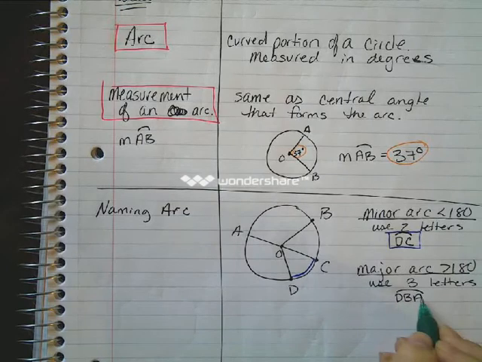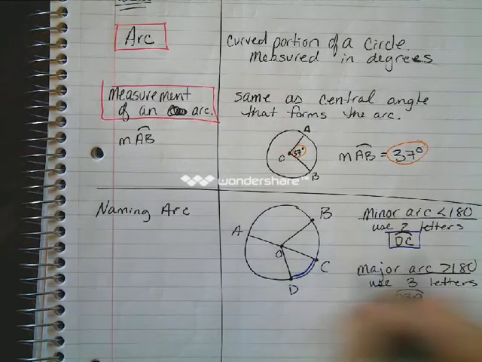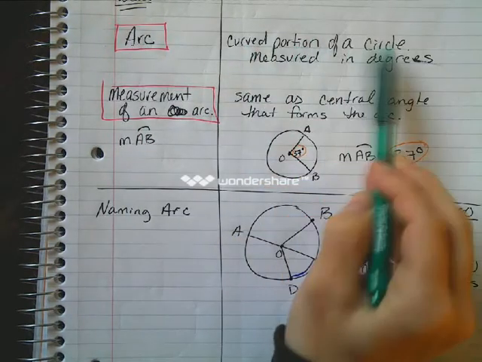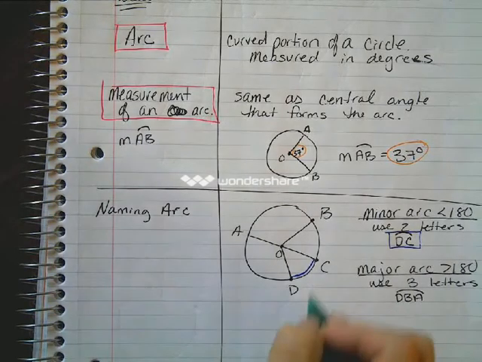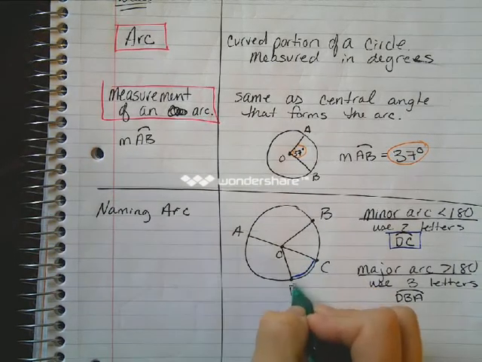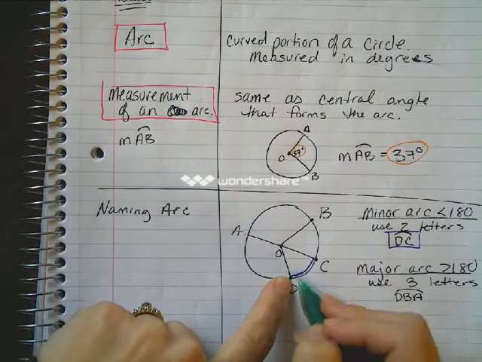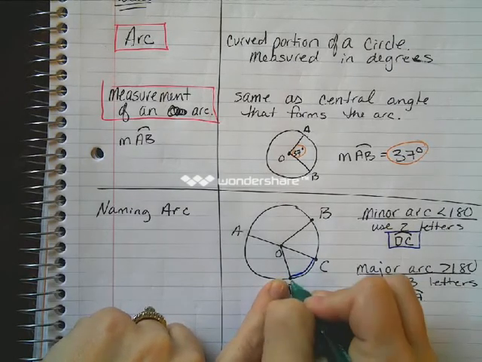It's on the outside. It does not go to the middle. So D, B, A. Here's my D. I have to go to B before I can get to A. I can't go this direction. It has to be in this order. So from D, all the way over to B, past B, all the way over to A. That's what this arc says.